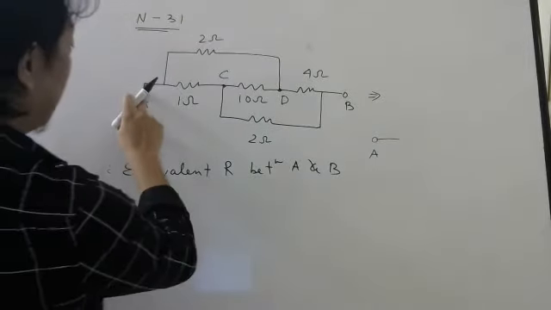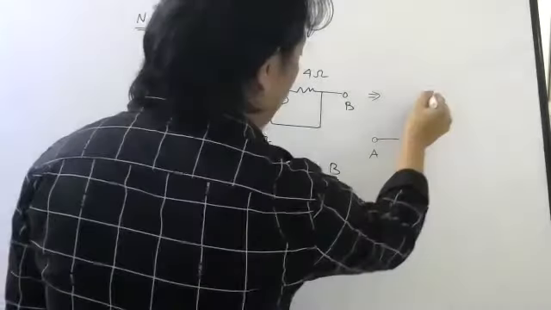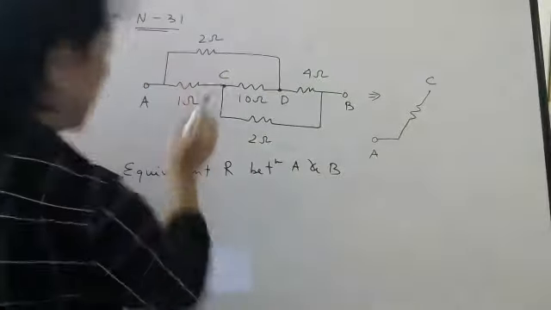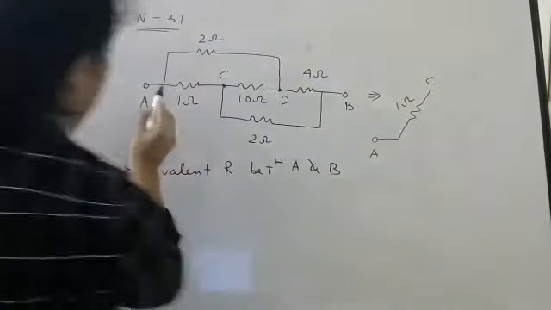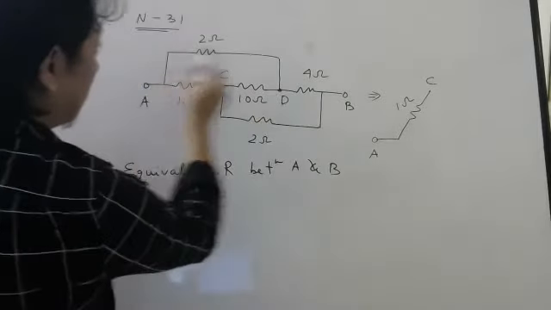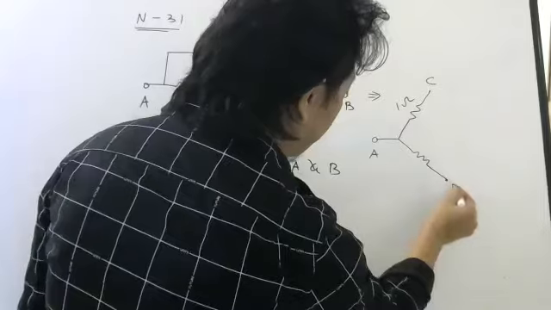So from A you are going to point C through this 1 ohm resistance. Then from A, you are again going to D through this upper resistance.